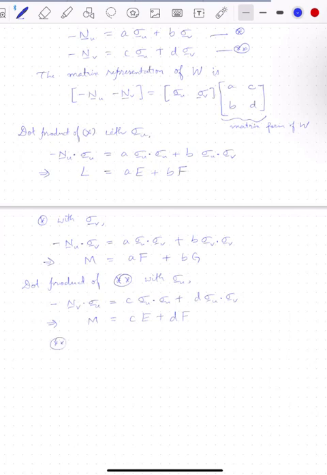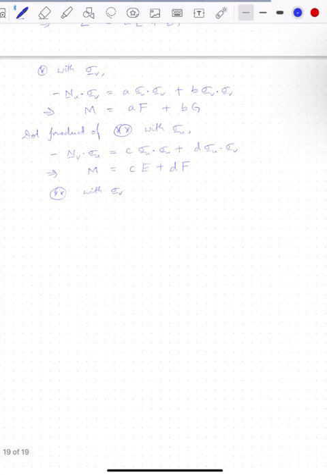Likewise, double star with sigma v: minus nv dot sigma v is equal to c f plus d g, where this is m.